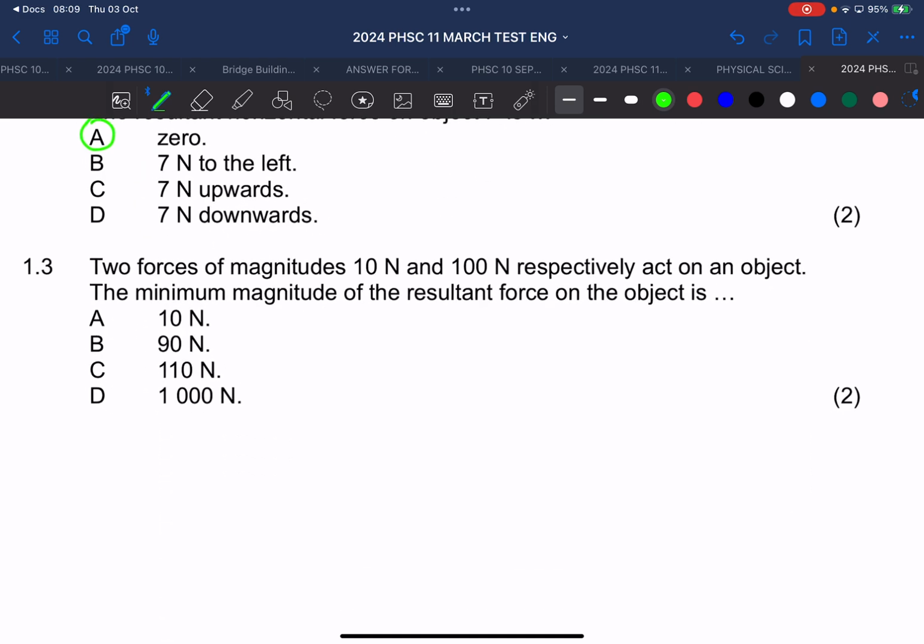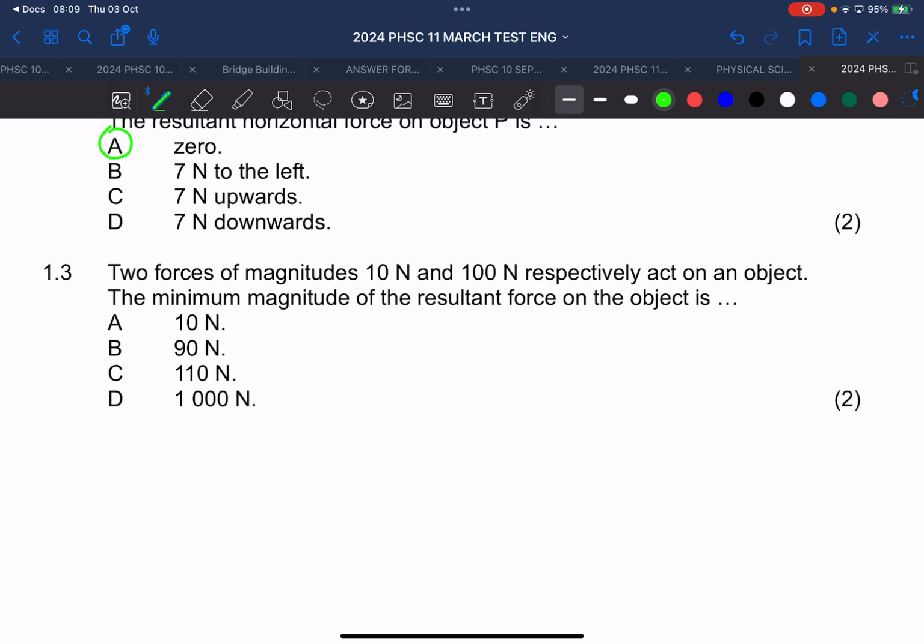Next one, it says there, 2 forces of magnitude. What is magnitude again, Hope? Rory?